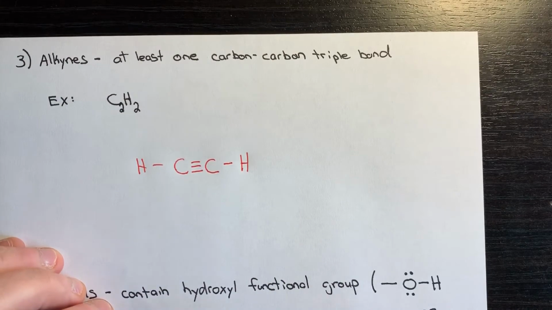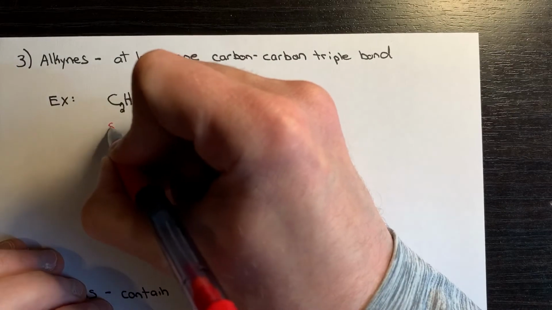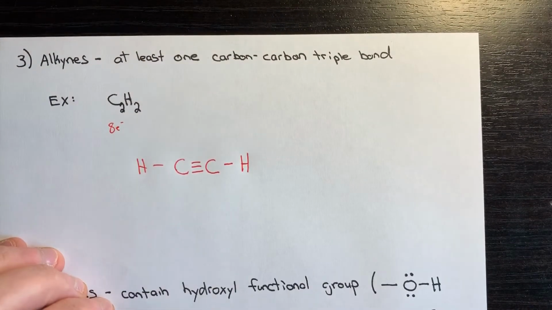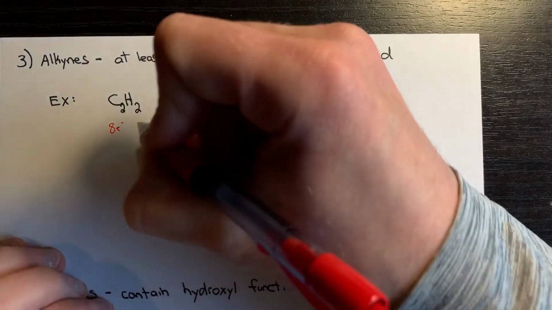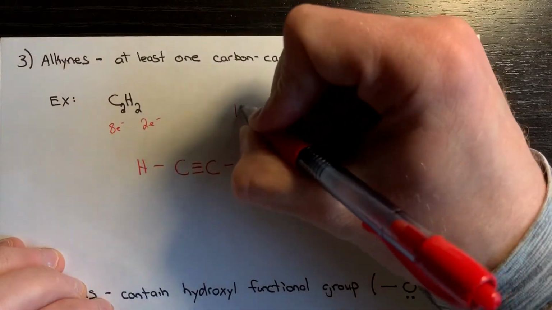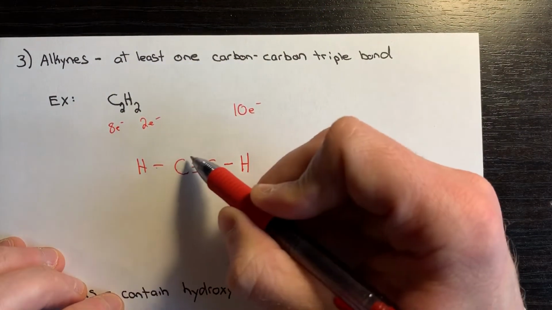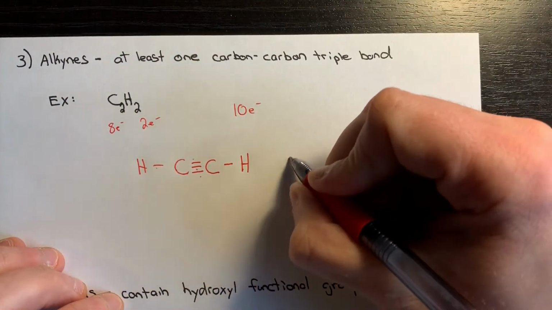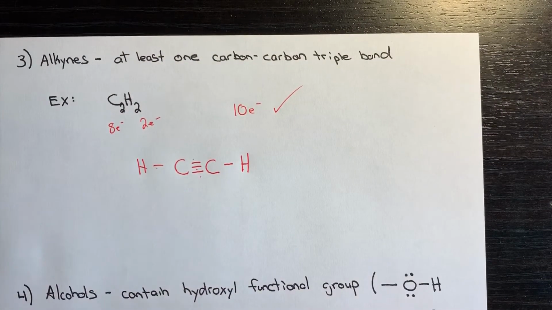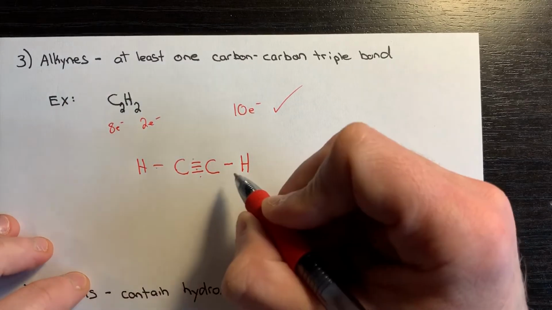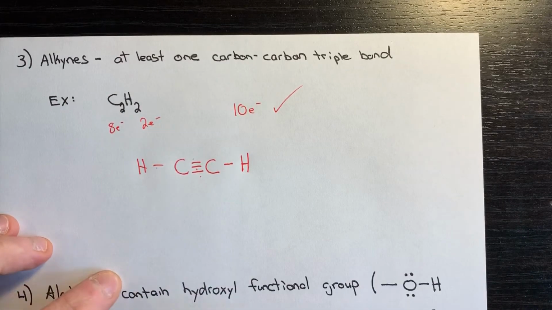Just a quick check, carbon has 4 valence electrons, so there's 8 electrons coming from the carbons. Hydrogen has 1, so there's 2 total electrons coming there. So we have 10 electrons we get to play with in our Lewis structure. 2, 4, 6, 8, 10. That checks out. And we've satisfied the octet rule for our carbon and the duet rule for our hydrogen.